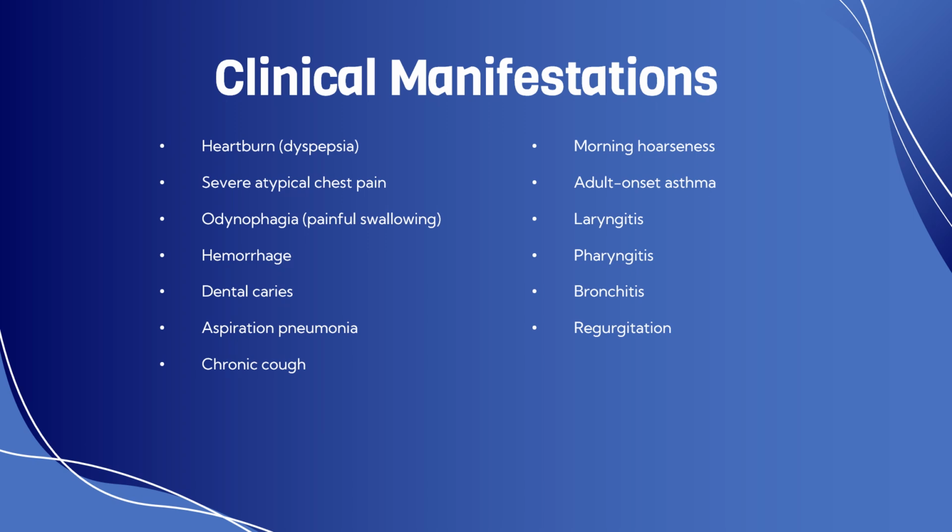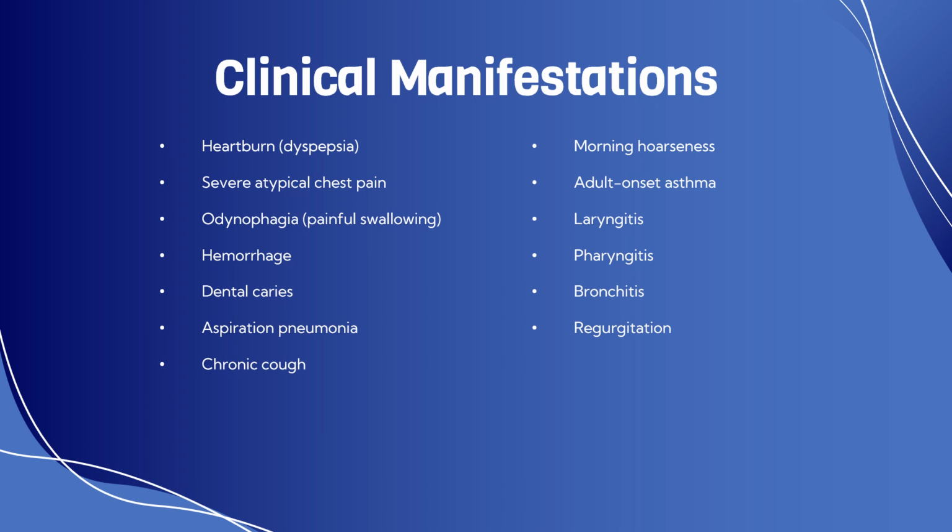So clinical manifestations, patient's going to complain of heartburn, might be atypical chest pain or painful swallowing, so feeling that burning sensation in the esophagus. They're not going to complain of a hemorrhage, but we're going to see signs and symptoms of bleeding. The acid can actually vaporize and go up into the mouth, especially during sleep if the patient's laying flat, and that can actually erode away the teeth and cause dental enamel erosion and dental caries.